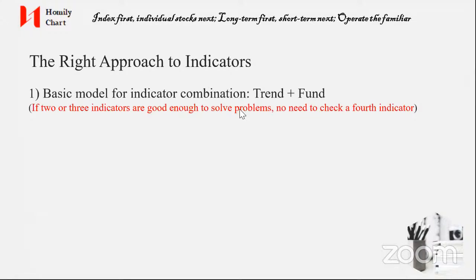Of course, based on this model, you can add one or two indicators as confirmation. For example, you can add a red and green signal, which would be the trend and fund template.